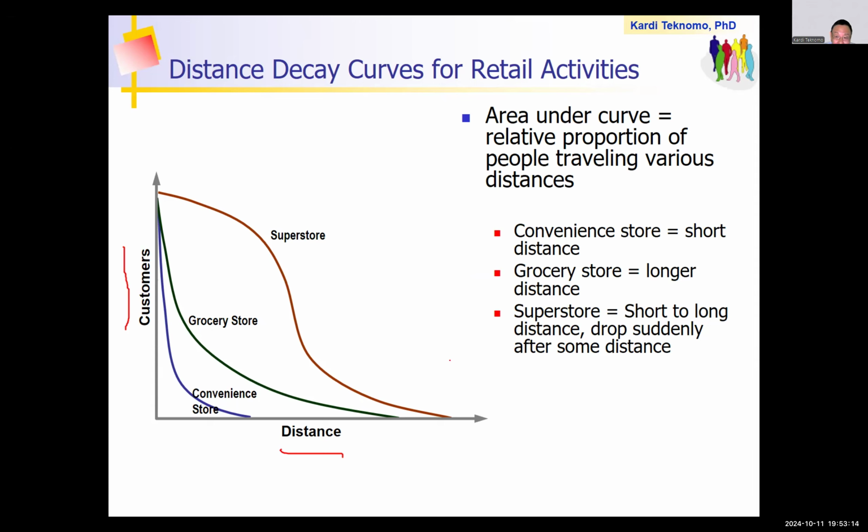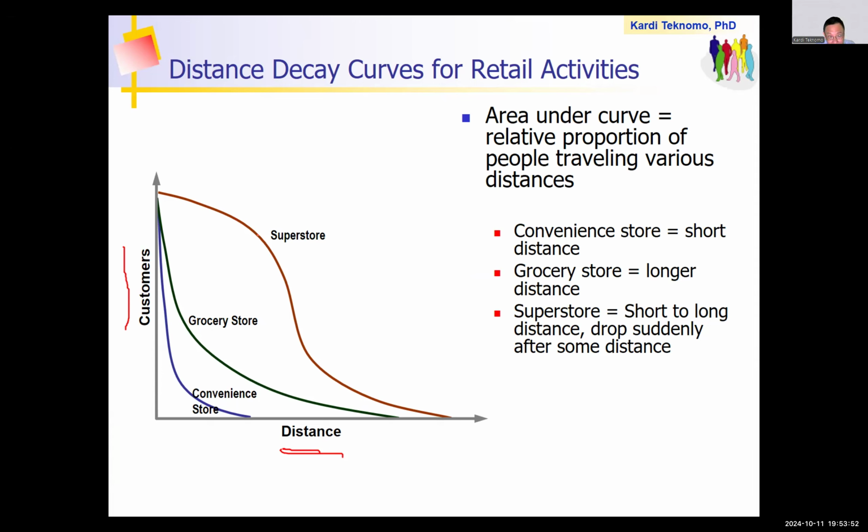Then you will start to see the pattern. If it is a convenience store, the blue one here, the curve is like this. The number of customers will decrease sharply by the distance, or by the general cost. If this is a grocery store, the curve is like this, the black one or the green one. And if this is a superstore, the mall, it will go in this kind of curve.